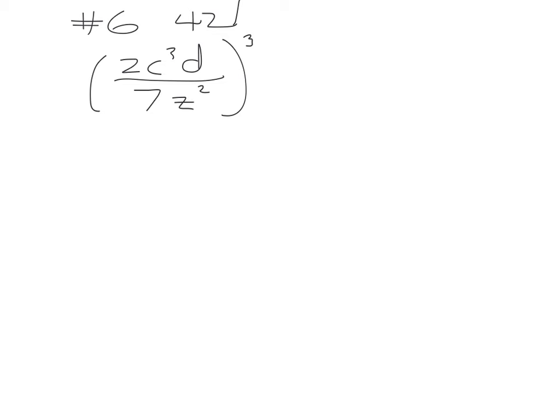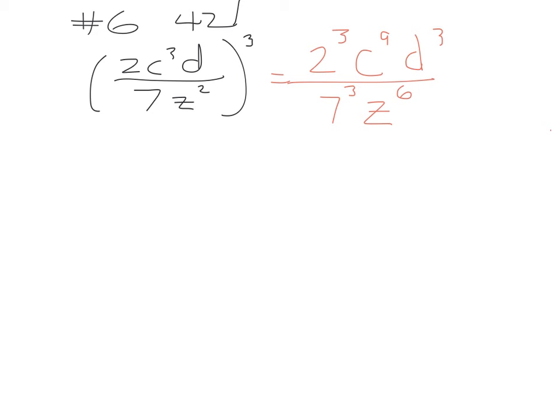So all I'm doing in this problem is putting everything to the 3rd power. I'm starting by putting 2 to the 3rd. C to the 3rd to the other power of 3 means I have to multiply those exponents and get c to the 9th, d to the 3rd over 7 to the 3rd, and z to the 6th power.